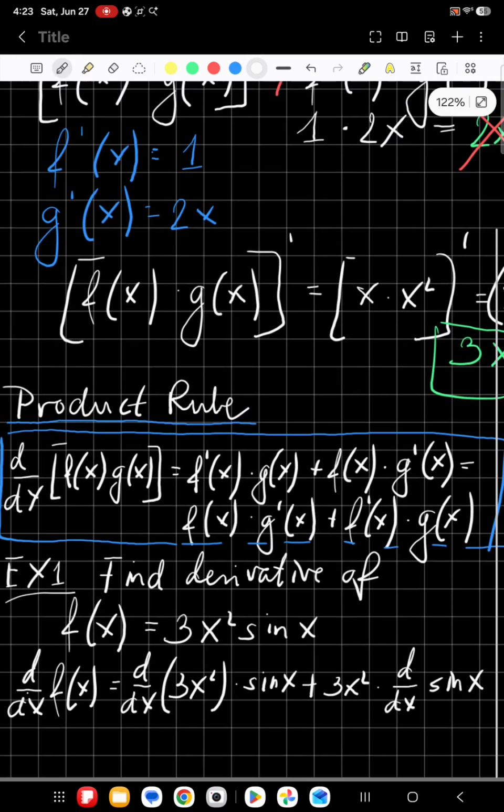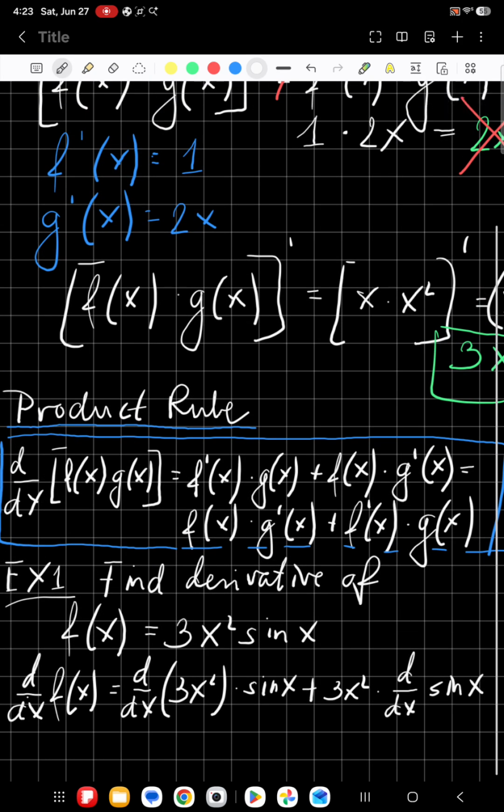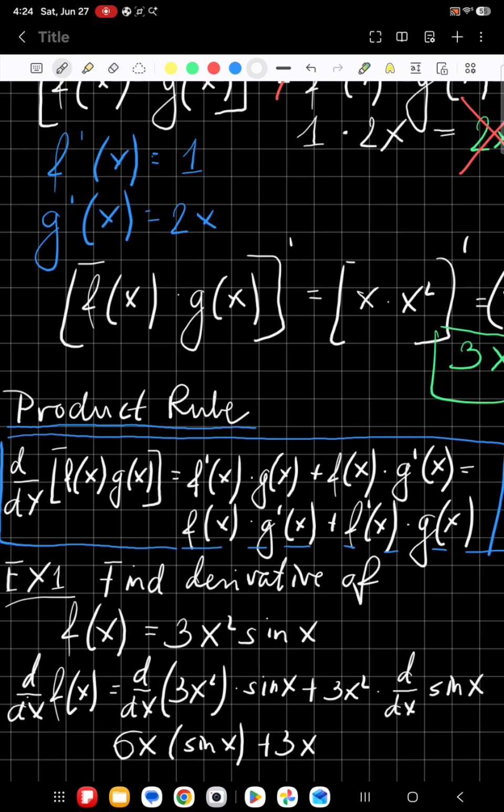All right. Okay, so derivative of that, right? I'm calculating this. So that is 6x times, let's use parentheses, sine x. Now we have plus 3x squared.